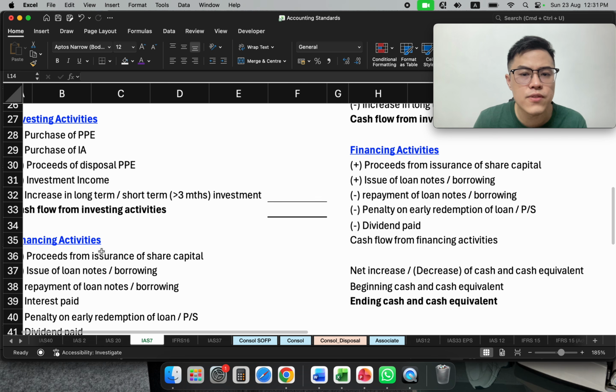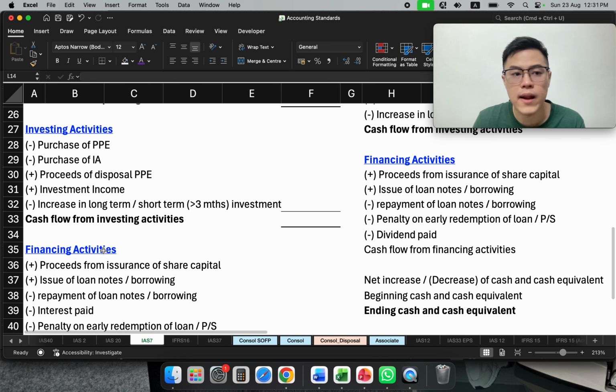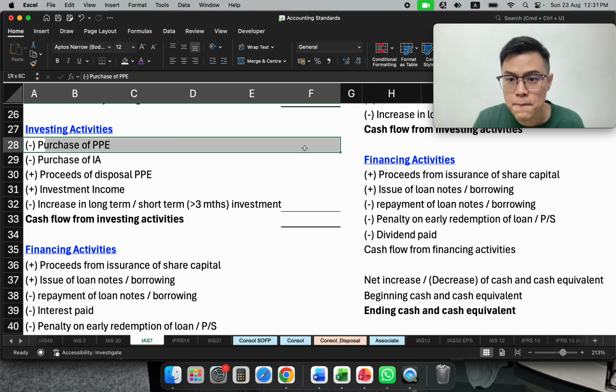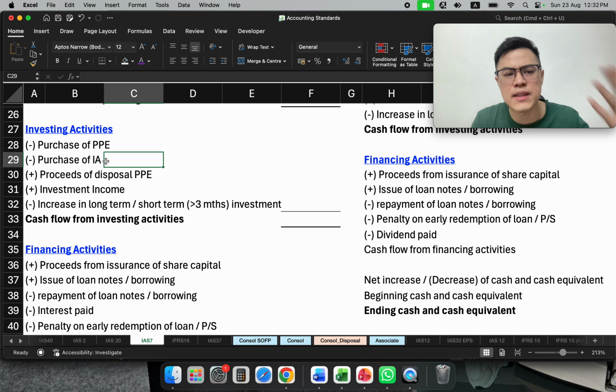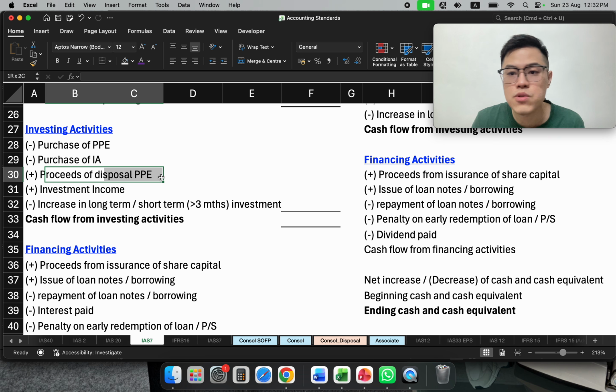So the investing activities format will be very direct. You need to find how much is the amount that you purchase of PPE, how much you purchase for intangible assets. Purchase means what? You are investing in new PPE, new intangible assets, or sometimes new investment properties. Or sometimes you dispose of the old PPE and you receive the money.